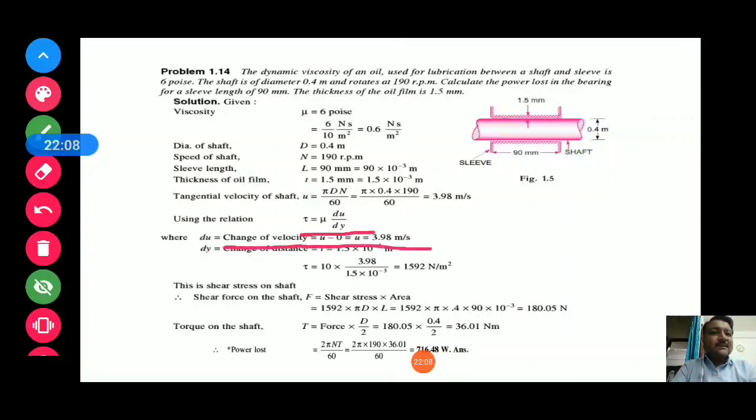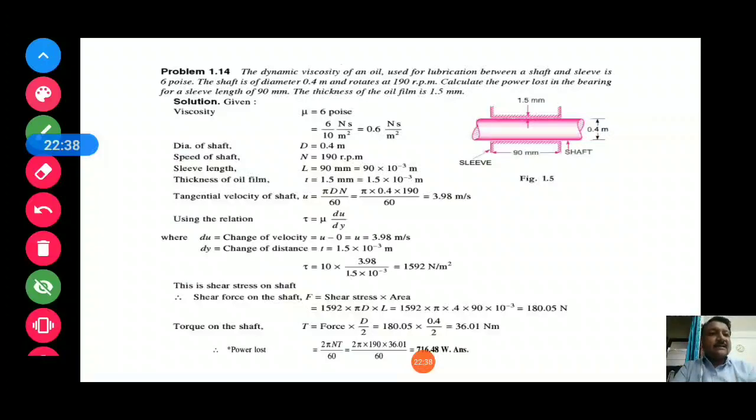I have already explained how to find the du. du is nothing but your velocity, that is, we have found out tangential velocity 3.98 meter per second. Then the change of distance, that is dy, is nothing but the thickness of the oil film. Thickness of the oil film is given as 1.5, so convert this into meter, 1.5 into 10 raised to minus 3 meter.